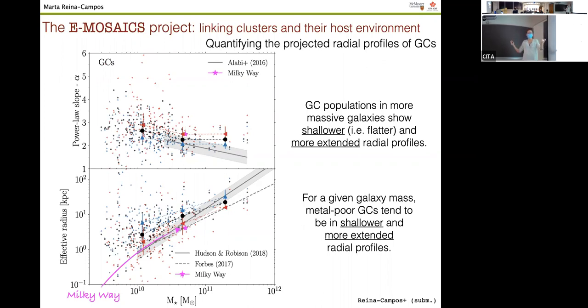This is the overall trend. But when we focus on a given galaxy mass, we always see that metal poor globular clusters tend to be shallower and more extended. And these are the exact same observational trends that we have been seeing in galaxies around us, as well as in the Milky Way. Just as a note, the purple star here is the Milky Way. So you can see that our simulated populations actually make sense with what we have in the local universe. So this is like a green tick.